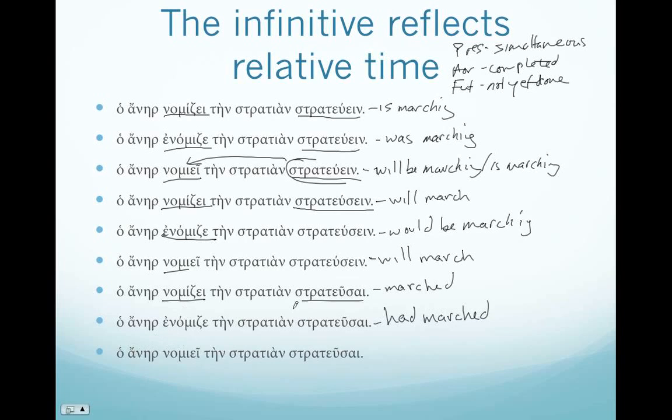The man will think that the army has marched, where the aorist is completed in relationship to the main verb. So you'll notice, if we take a look at each of these three sets, that even though the infinitive is the same in each of these three sets, we're going to translate them slightly differently because it's relative time, not absolute time.